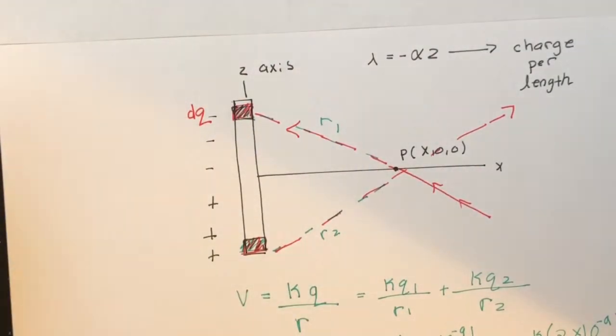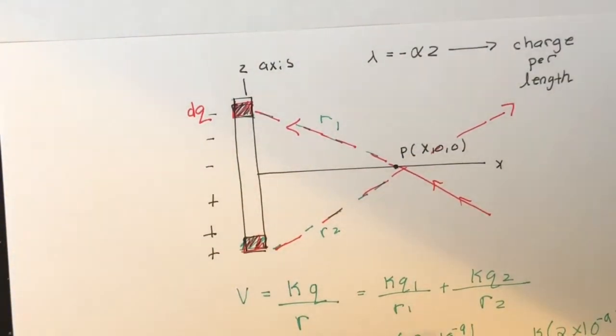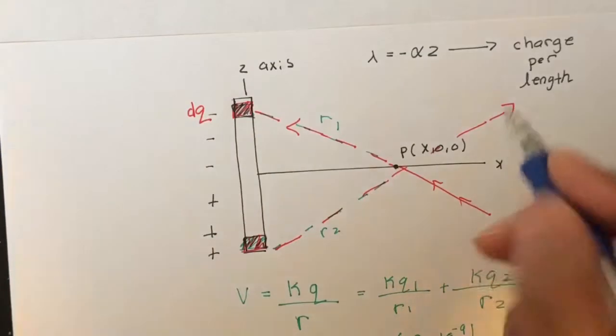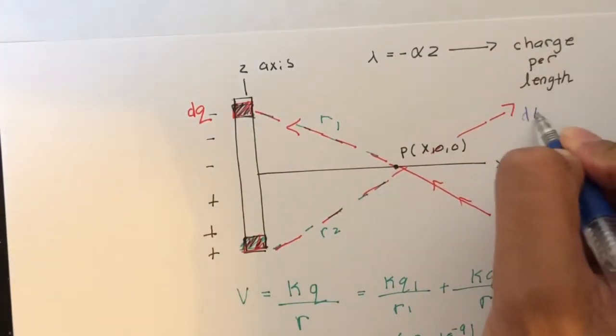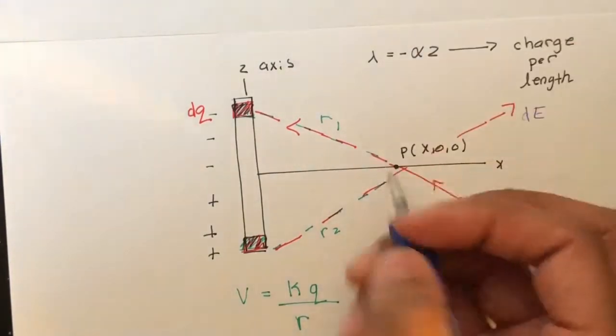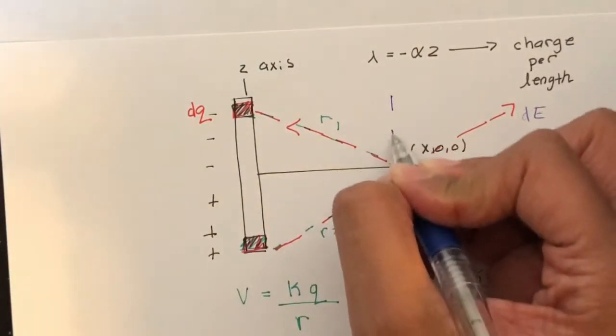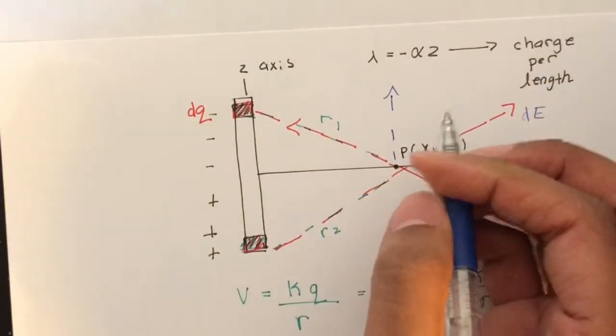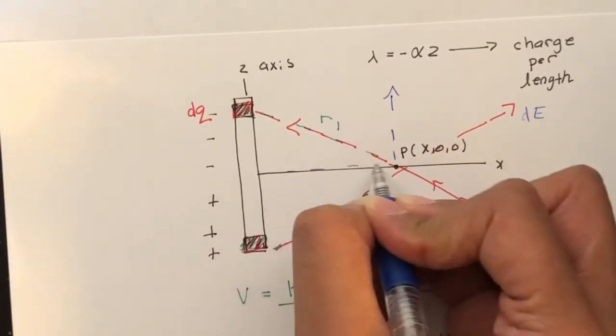So electric field is a vector quantity, so it has direction. So this field line has an x and y component.